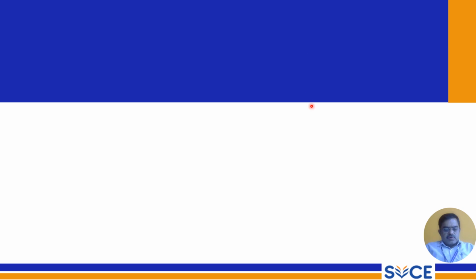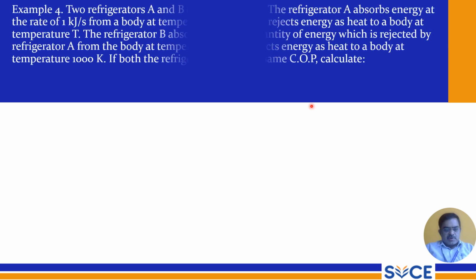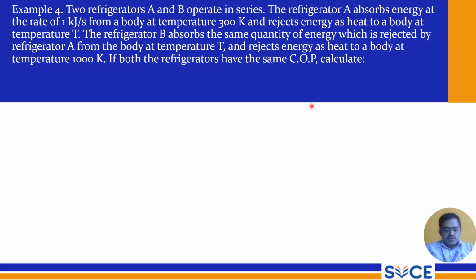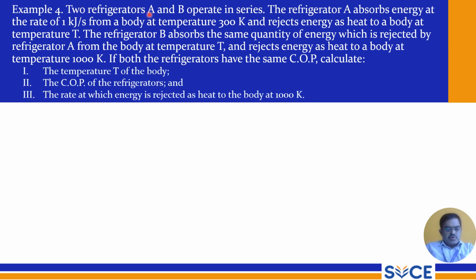So we will move to the next problem. I wanted to solve different kinds of problems here. This is the problem statement, example 4. Two refrigerators A and B operate in series.